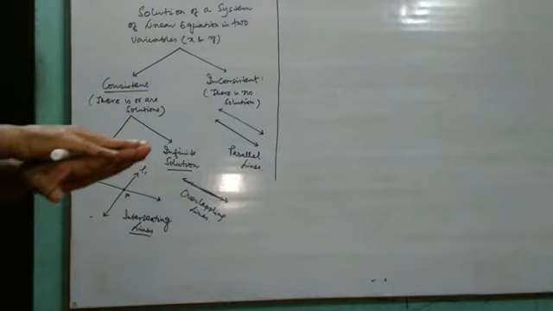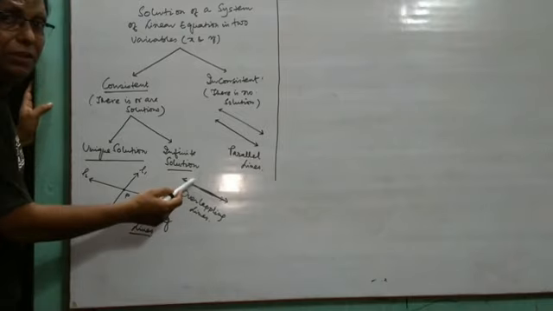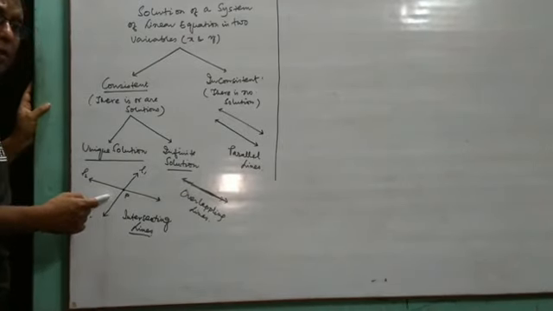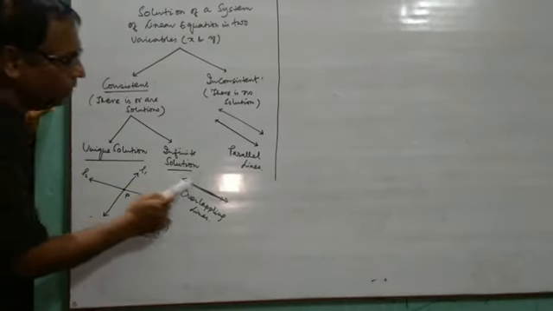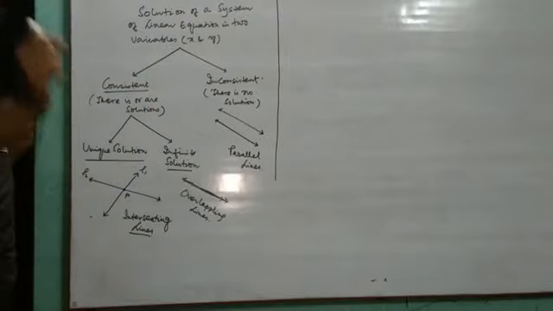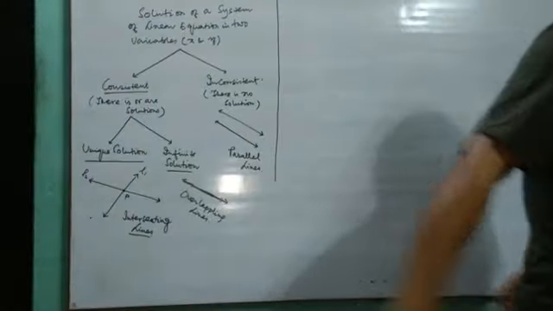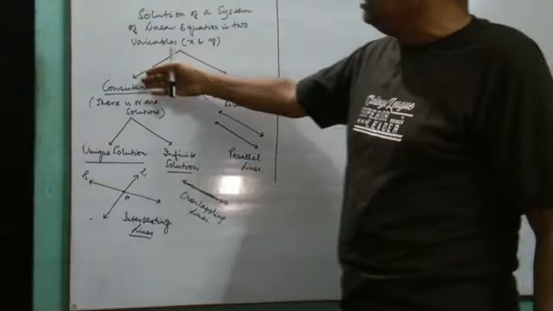They are coincident lines. So how many common points are there? Each and every point is a common point. In the earlier case, how many common points were there? One. That's why it is a unique solution. Here, how many common points are there? Each and every point of the line, and a line is made up of an infinite number of points. So there are an infinite number of solutions here, and that is again consistent.